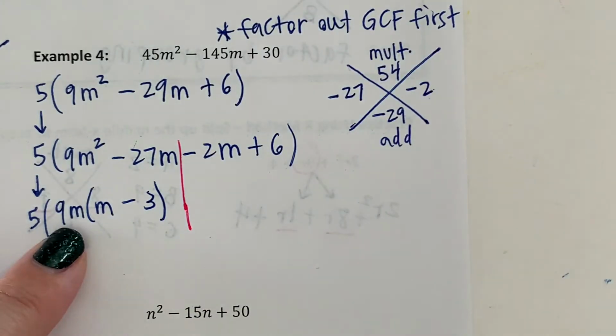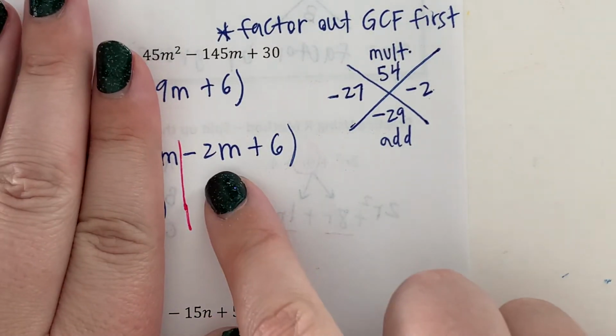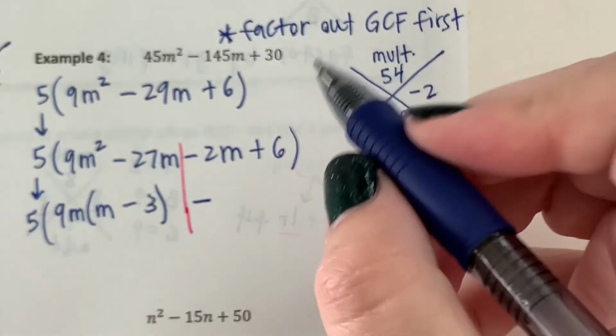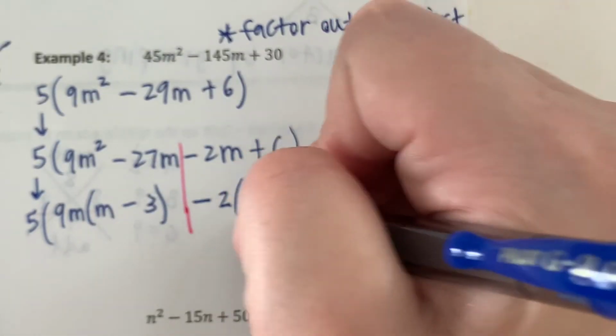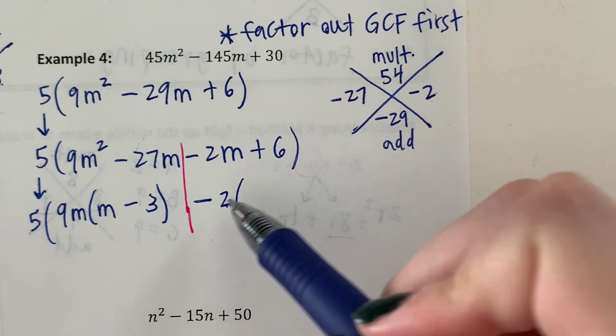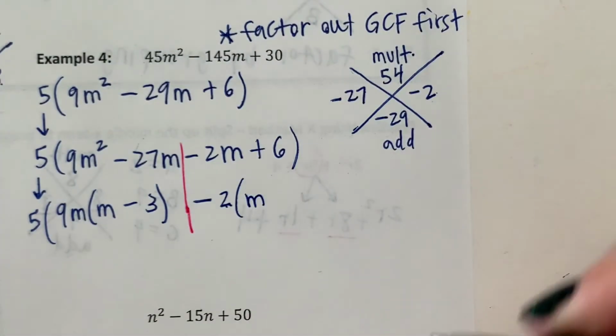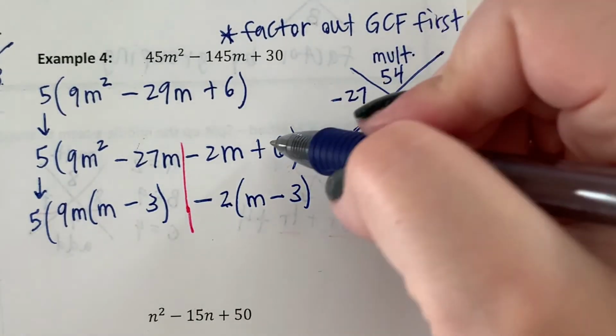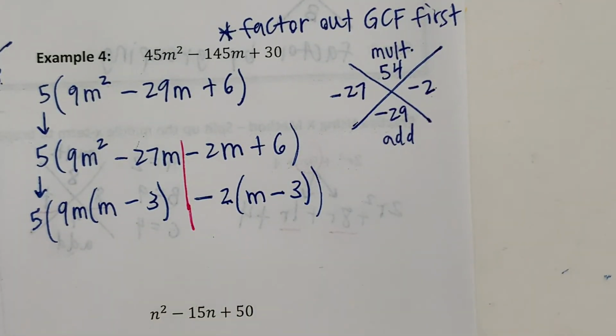Now looking at my second half, notice my third term here is negative. So I know right away we'll have to pull out a negative. My GCF for the second half is a negative 2. Negative 2 times m gives me negative 2m. And negative 2 times negative 3 gives me a positive 6.